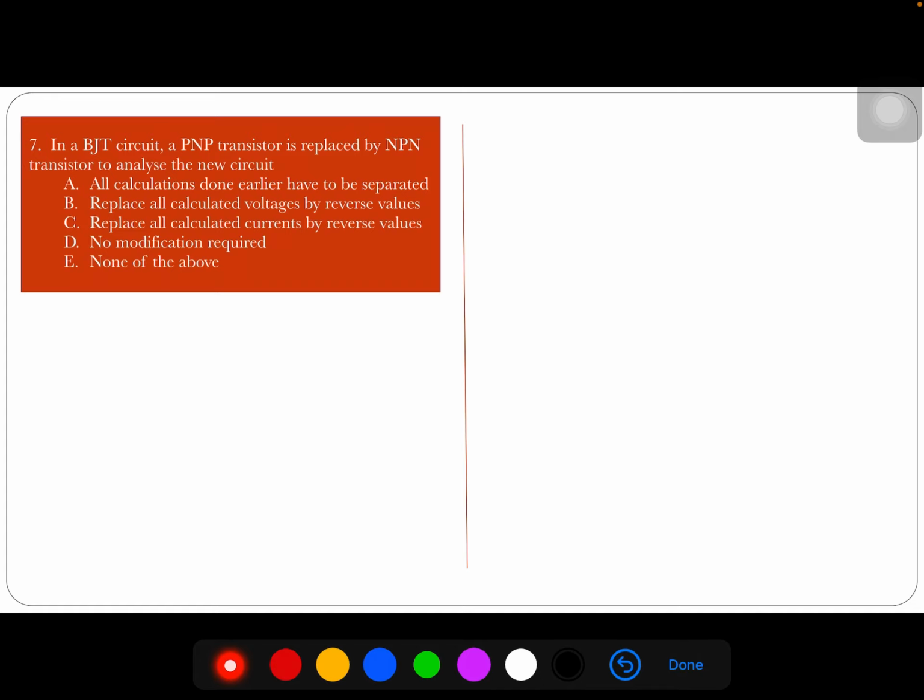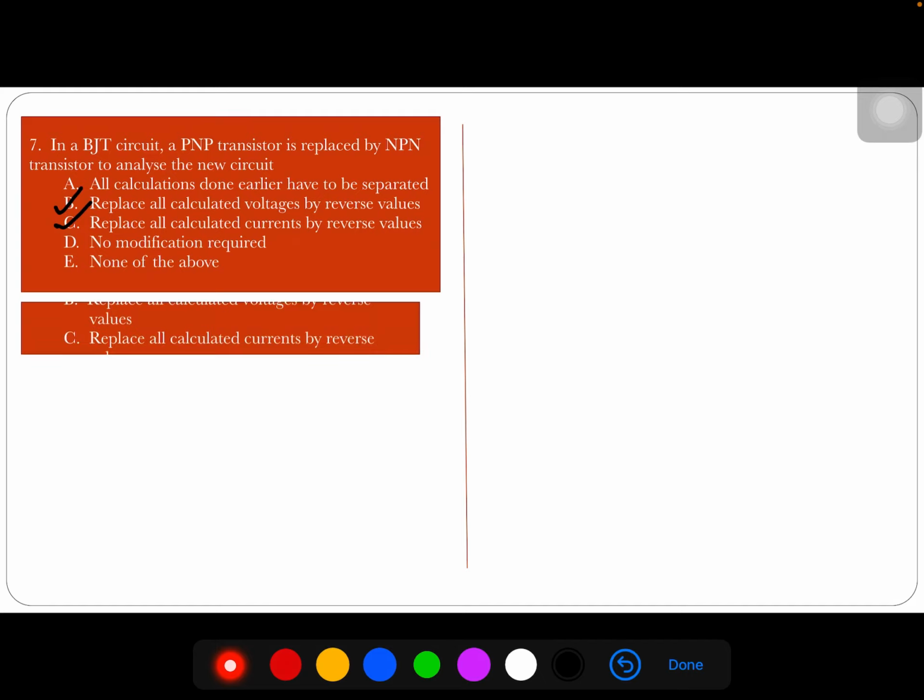Also the voltages will be reversed. According to the given options: all calculations done earlier have to be separated, replace all calculated voltages by reverse values, replace all calculated currents by reverse values, no modification required, or none of the above. So the correct option is B and C both. That means you have to replace all the voltages and currents by the reverse values.